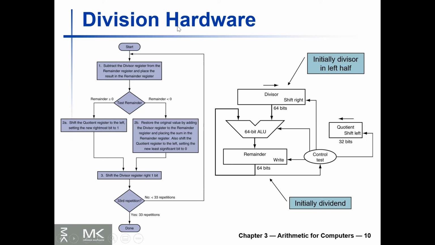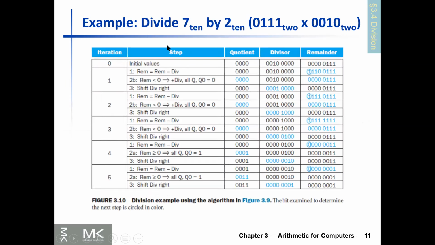Let's move on with an example. The example is, girls, we are trying to divide 7 by 2, in decimal. So we can write the equivalent values in binary: 7 in 4 bits and 2 in 4 bits.